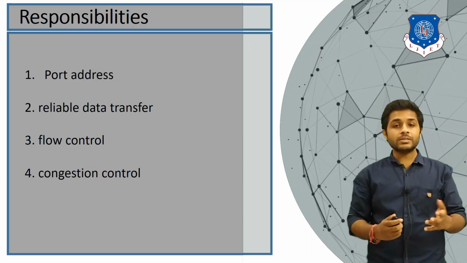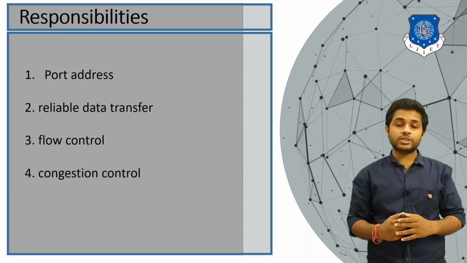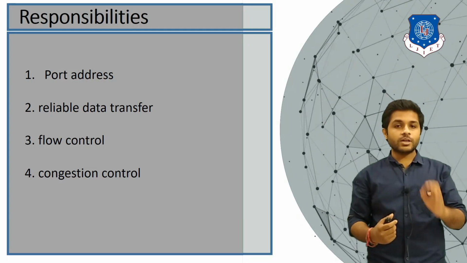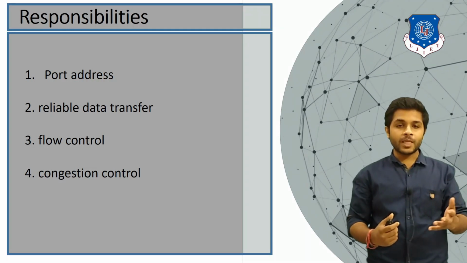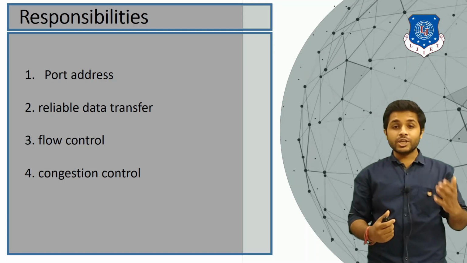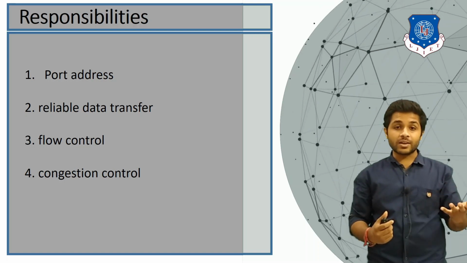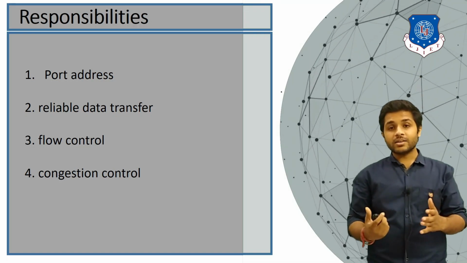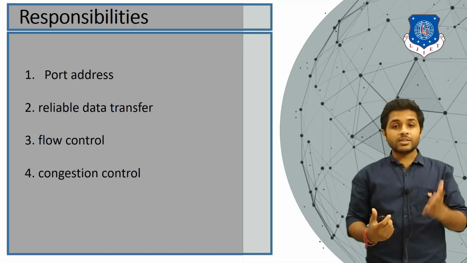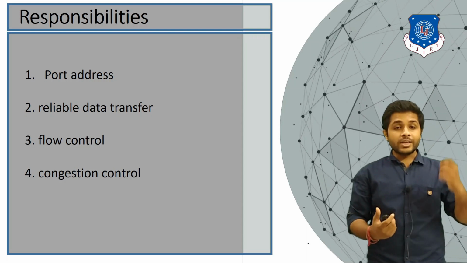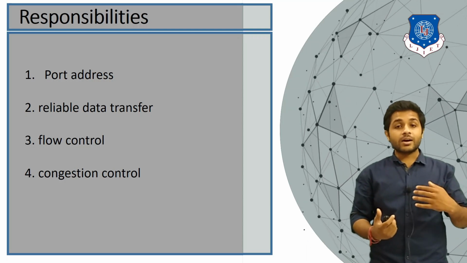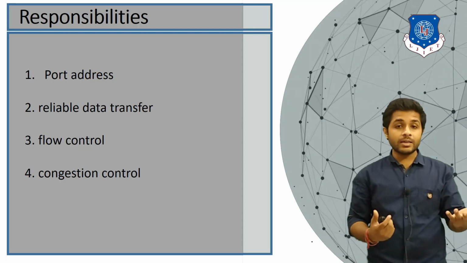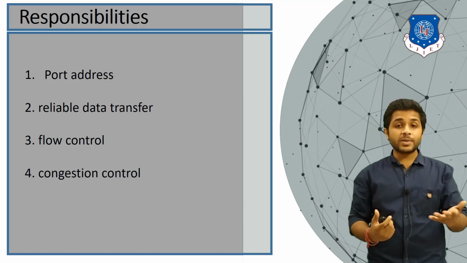Then the next and last one is congestion control. The best example of congestion is traffic on the road. When you are stuck in traffic, you cannot get out of it very quickly, neither can any other vehicle enter the traffic. So what is congestion control? When two computers are connected to each other via a link, the link has some capacity.